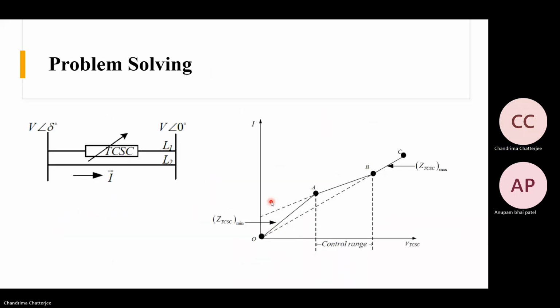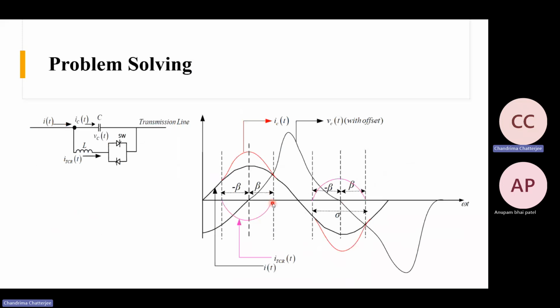If you see this figure, this is the circuit. This black waveform here is the line current, which is I_T. This is the line current, and this pink waveform is the TCR current.